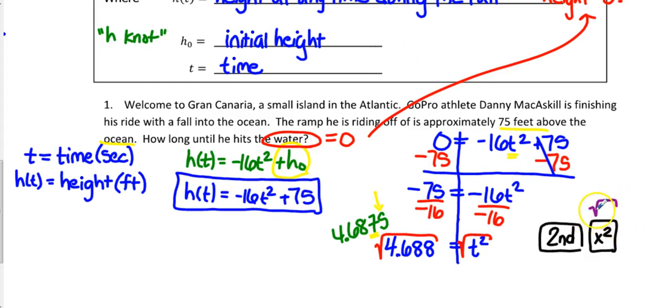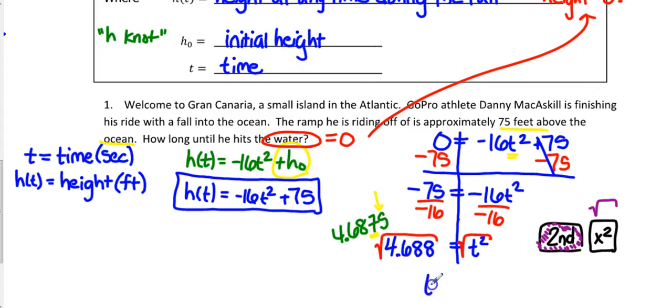We're trying to get to that square root sign, and this button on your calculator is purple. So we use the second button to get to any function that looks purple. So hit second x squared, and it should create a square root symbol on your calculator. And then we can type in 4.688 and hit enter.